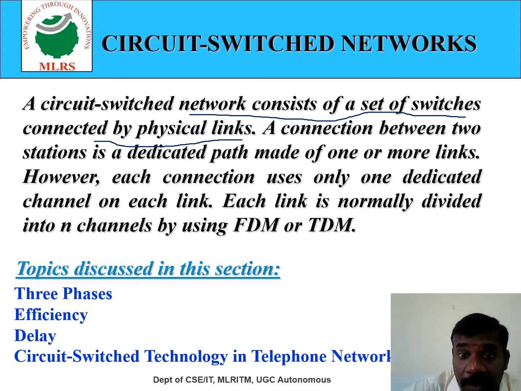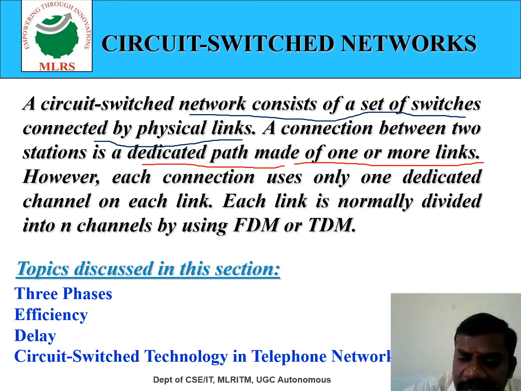A connection between two stations is a dedicated path made of one or more links. Every switch has more than one link. Why does it have more than one link? Suppose one link fails, it can redirect the signal to another link.